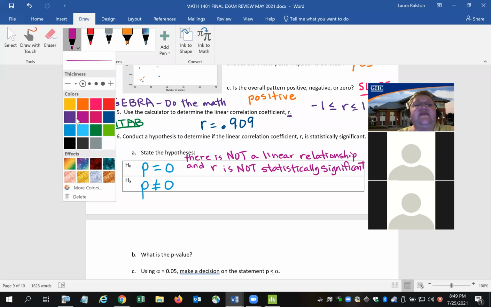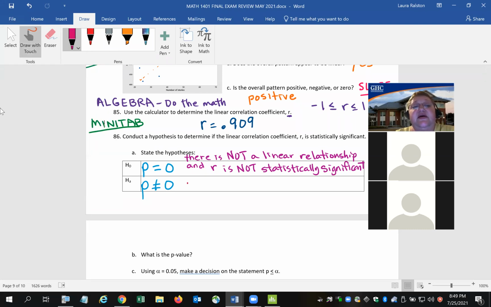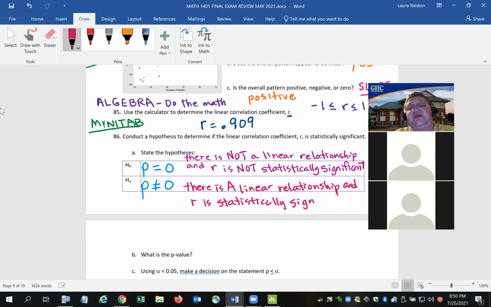The alternative hypothesis means if rho is not equal to 0, it means there is a linear relationship and R is statistically significant.